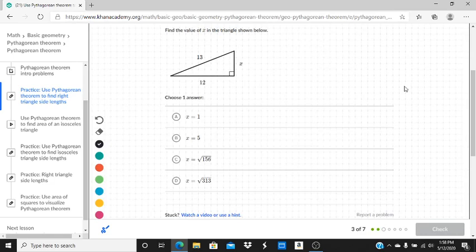All right, in this one we're going to find the value of x in the triangle shown below. Again, the hypotenuse is opposite the right angle, so the hypotenuse is 13. That is like our c. We can say x is like a. Remember, we're doing a squared plus b squared equals c squared. 12 is like b.